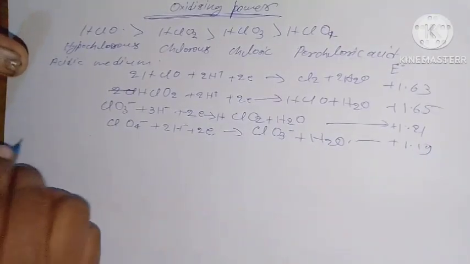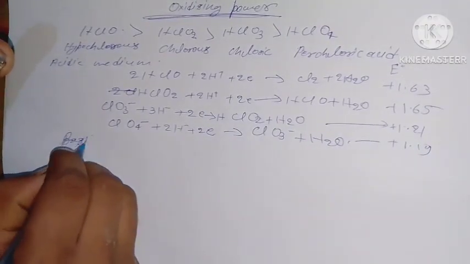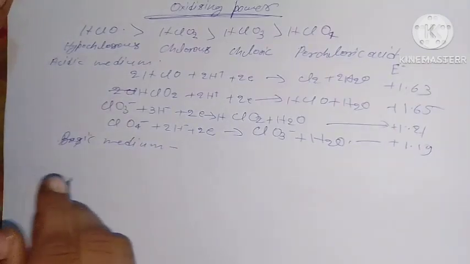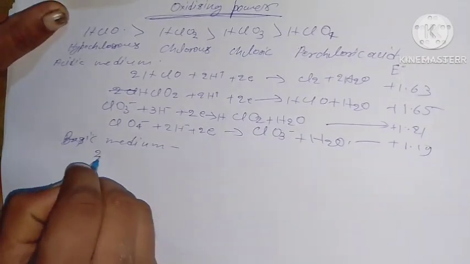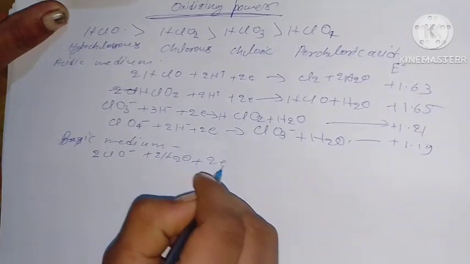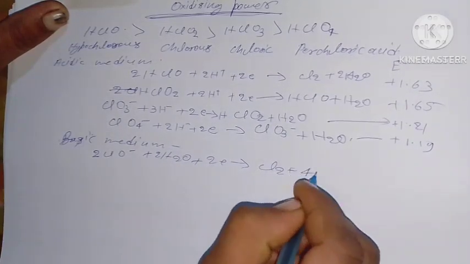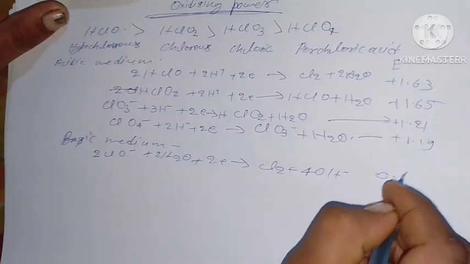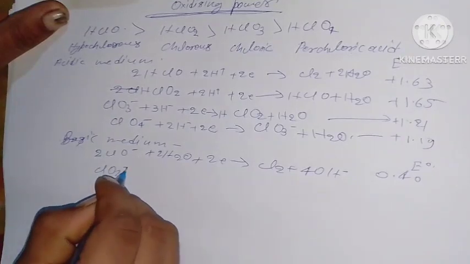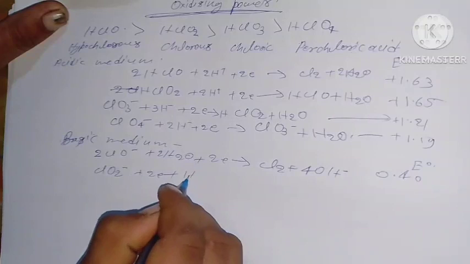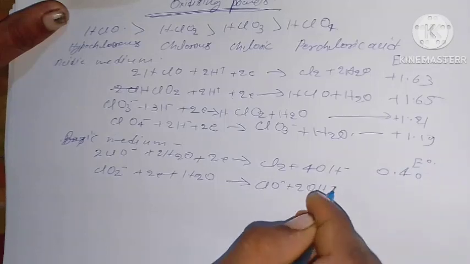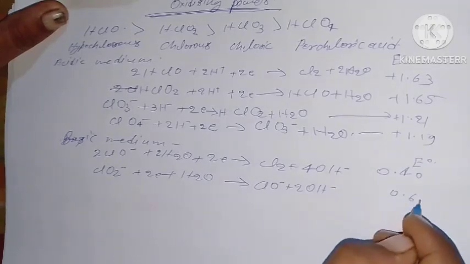Okay. Basic medium. 2ClO negative plus 2H2O plus 2e gives Cl2 plus 4OH negative, E0 is 0.40. And ClO2 negative plus 2e plus H2O gives ClO negative plus 2OH negative, that is 0.65.